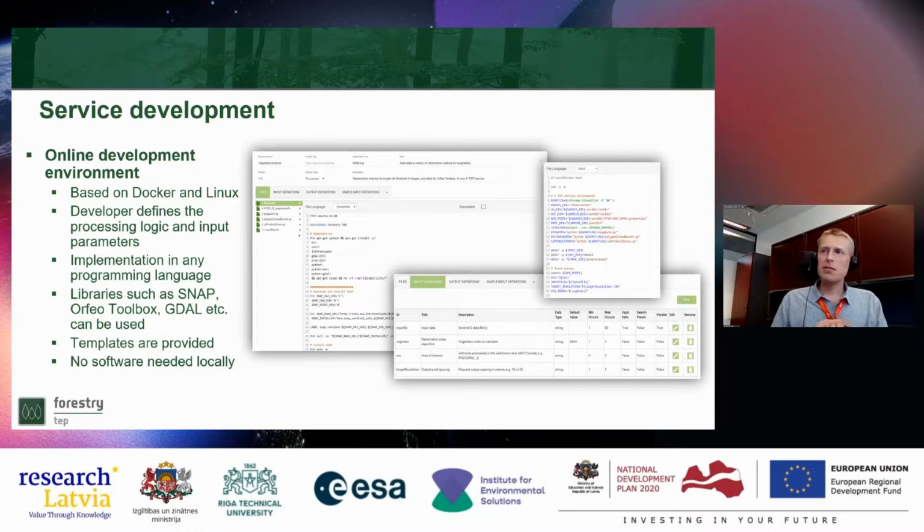This is a similar but different approach, in the sense that in most platforms the programming languages and the syntax and everything is very much regulated by the platform. In Forestry TEP it's slightly different, in the sense that this development interface is based on the Docker approach, which means that you can quite easily use almost any programming language that you prefer.